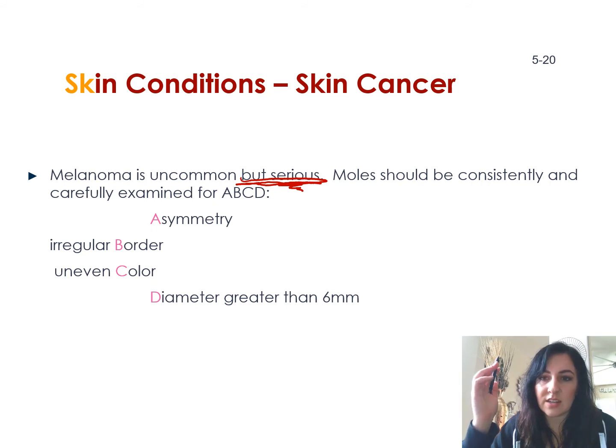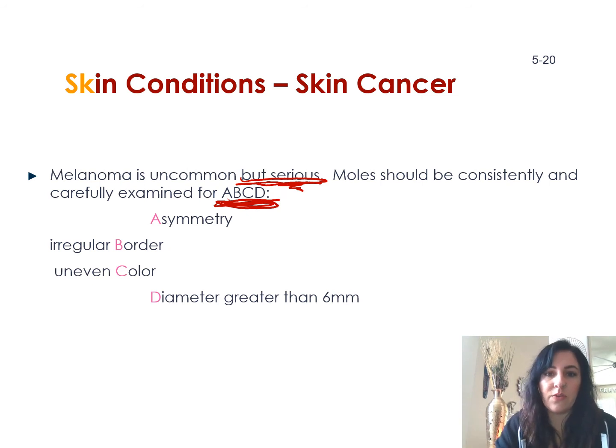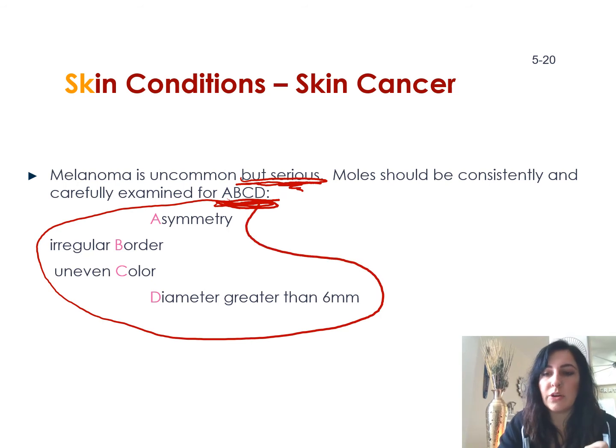Those should be checked consistently and carefully examined for asymmetry, irregular border, uneven color, and diameter greater than 6 millimeters. So ABCD is an acronym for what you check to see if it's a melanoma.